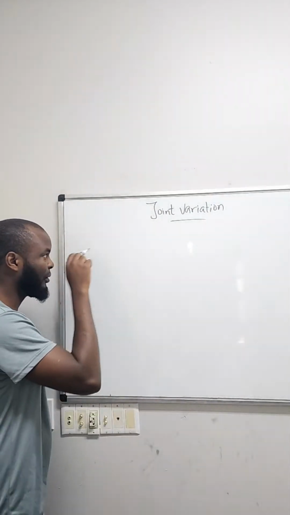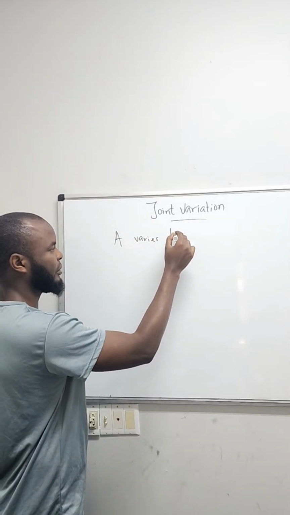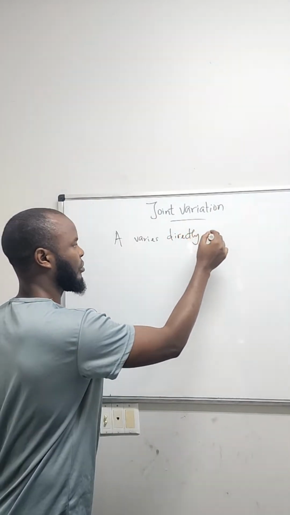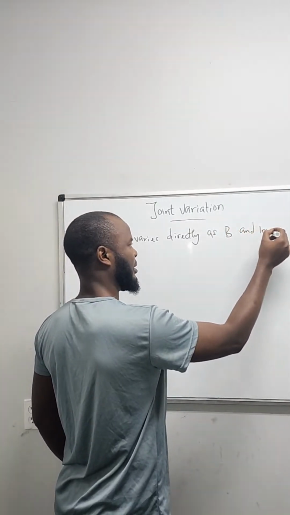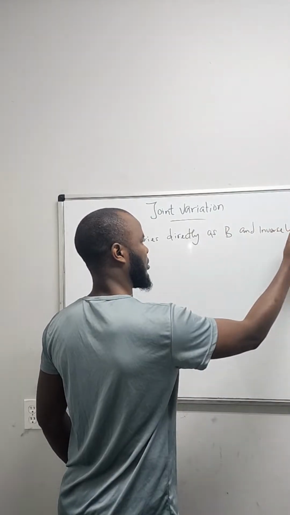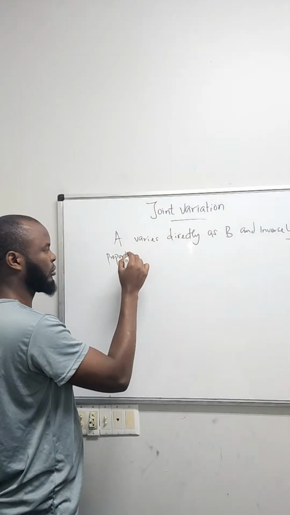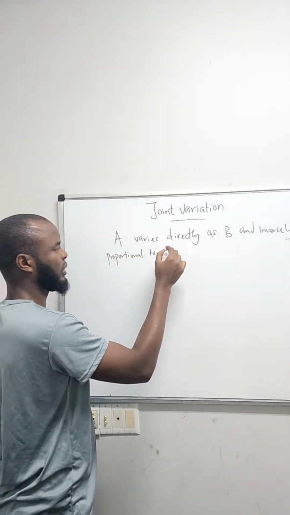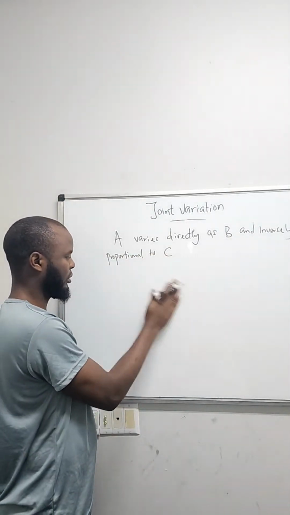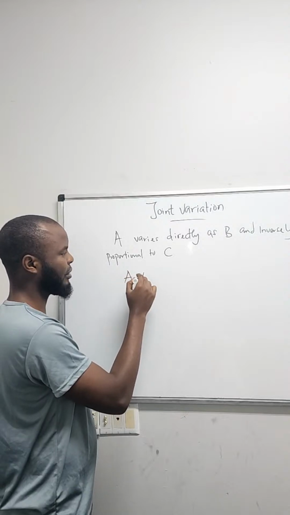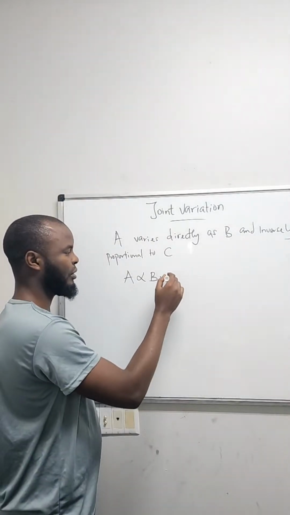Now, for example, you have A varies directly as B, and inversely proportional to C. So here we have A varies directly as B, and inversely as what?